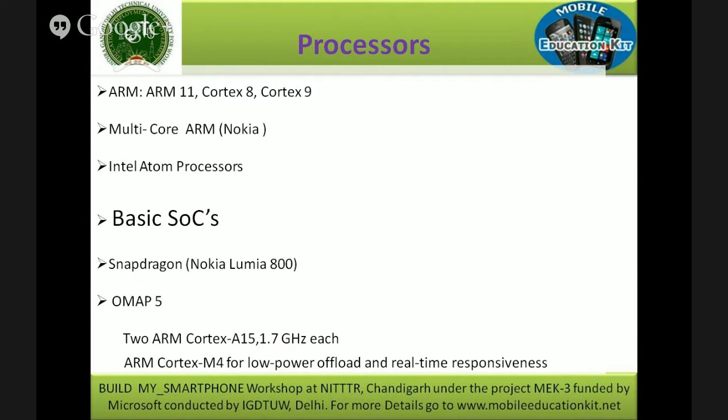You know how many processors there are in an SoC? In the existing Qualcomm or TI OMAP 5 or Snapdragon 800, approximately 30 to 40 different processors are there within the SoC. I'm talking only about processors, including from 8-bit to 32-bit.